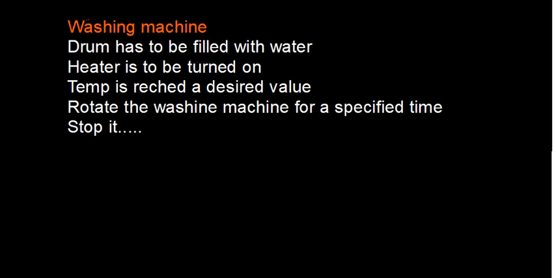Now it is of course a very simple example with only three levels of transitions taking place here. But when you think of some industrial process, some control, you have hundreds of such operations which are required to be executed in a serial or sequential manner, right? You may have multiple outputs to be generated at a particular transition.